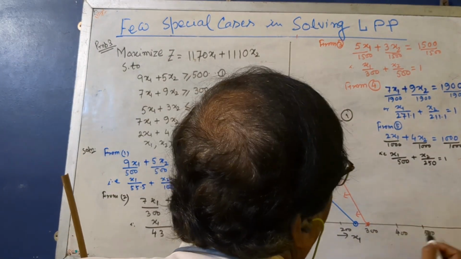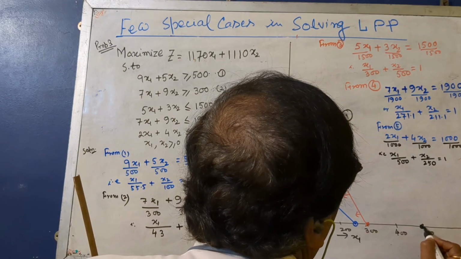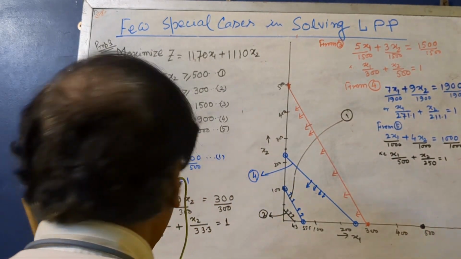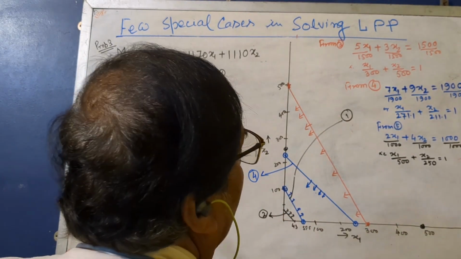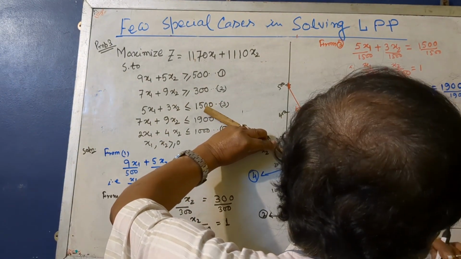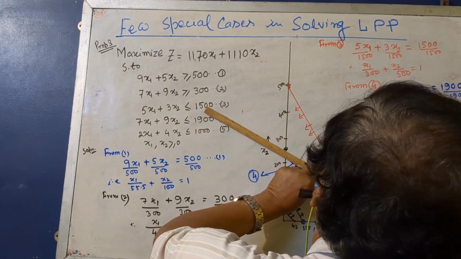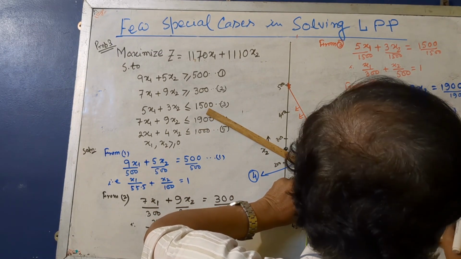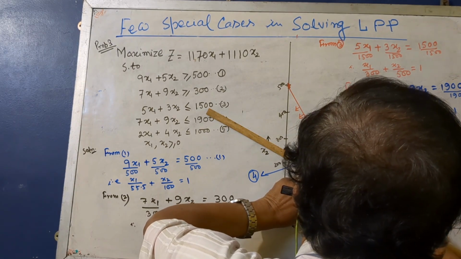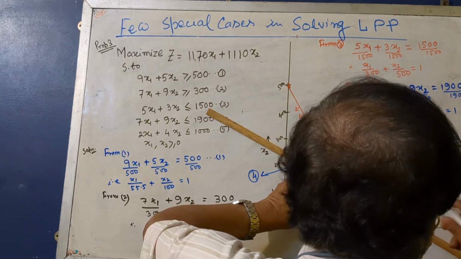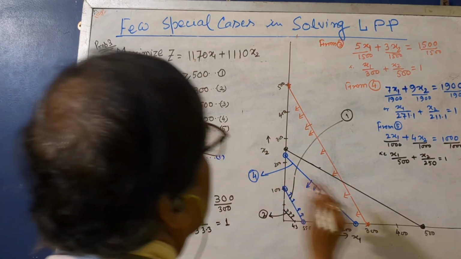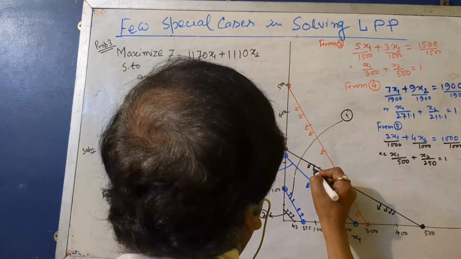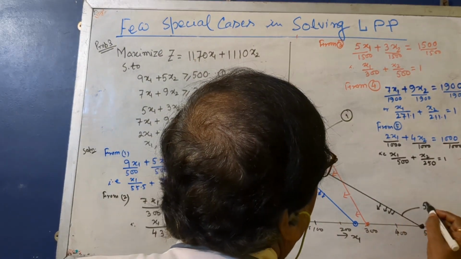So x1 divided by 500 is this point and another is 250. So you have to draw the line in this way. And again this is less than or equal to, that's why the direction of the line will be this, and this is the fifth condition.